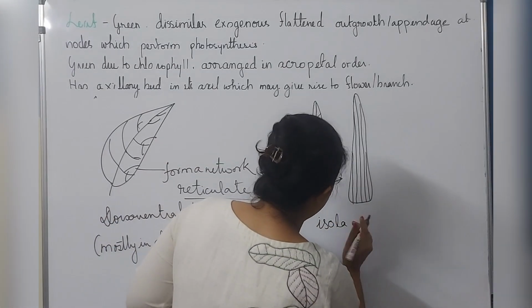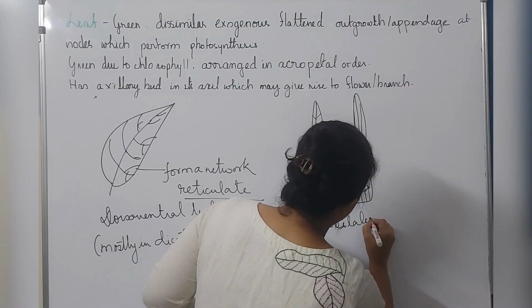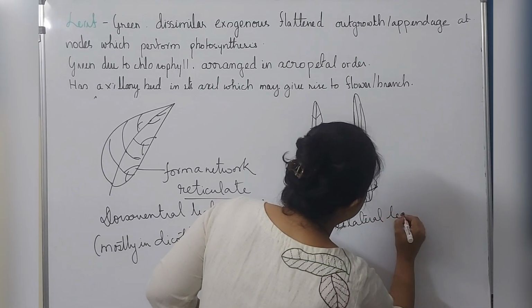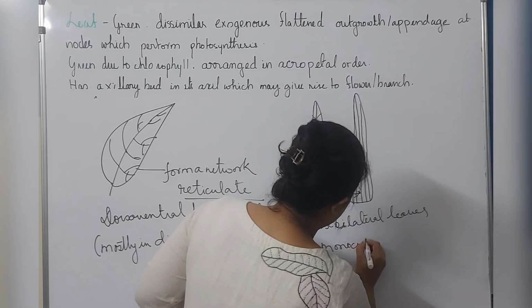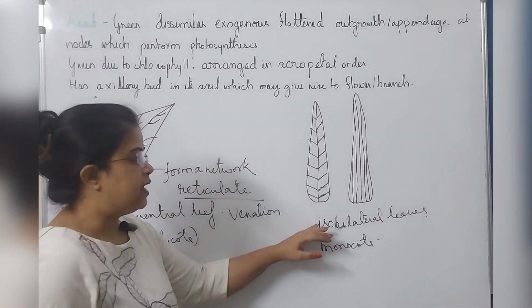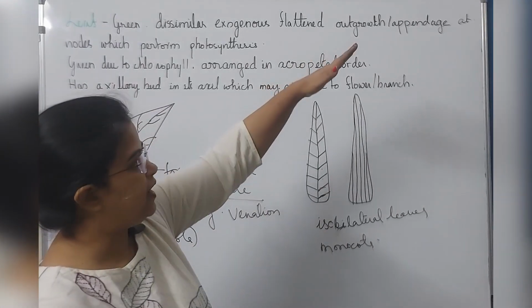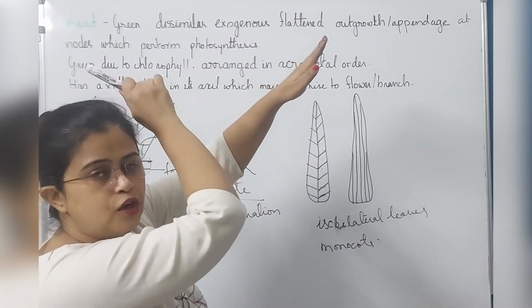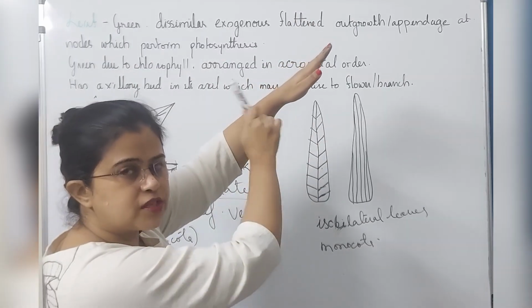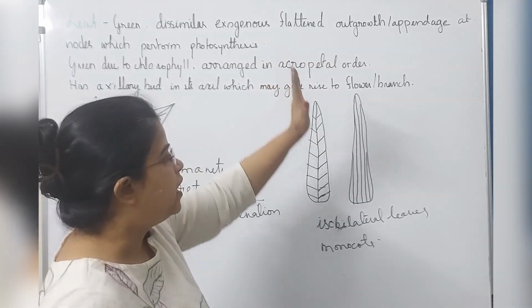Now, what is an isobilateral leaf? Dorsiventral क्या है? It has a upper surface, lower surface. वहां पे एक surface is facing the धूप और the sun, दूसरा surface no, it is always shaded underside.